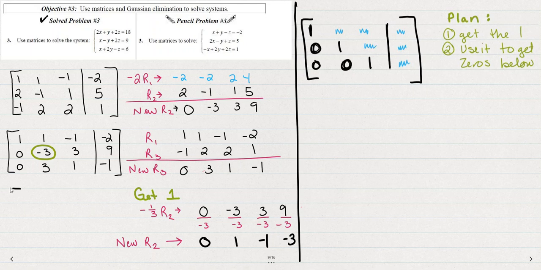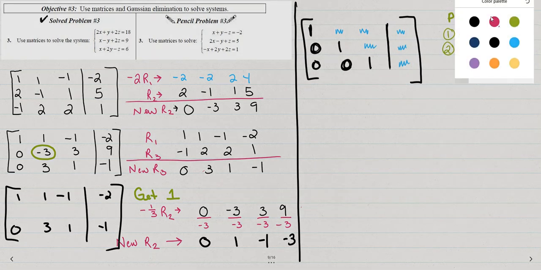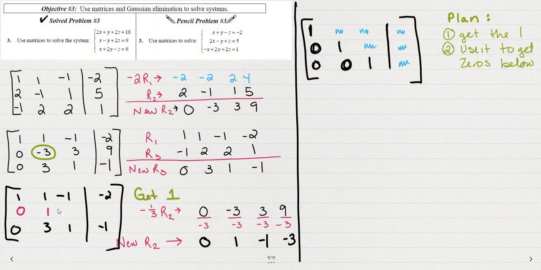Our row 1 hasn't changed. Our row 3 hasn't changed. But our new row 2 is going to be 0, 1, -1, -3.